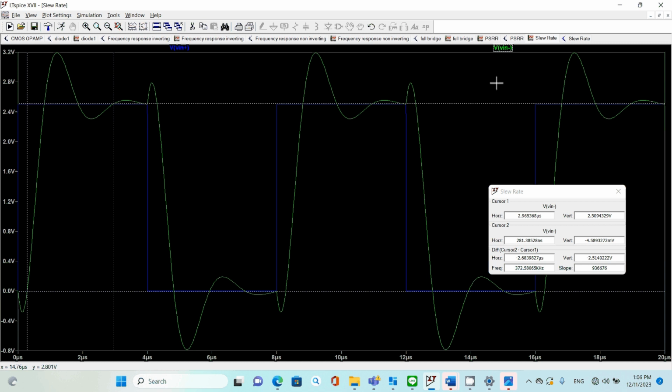This is the non-inverting op-amp. That means you connect your V input to V in positive of your op-amp, and for the inverting op-amp, you connect your V input to V in negative of your op-amp.